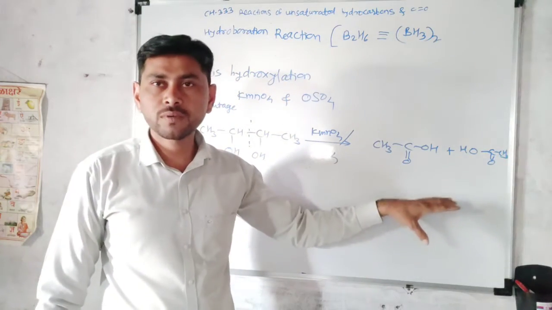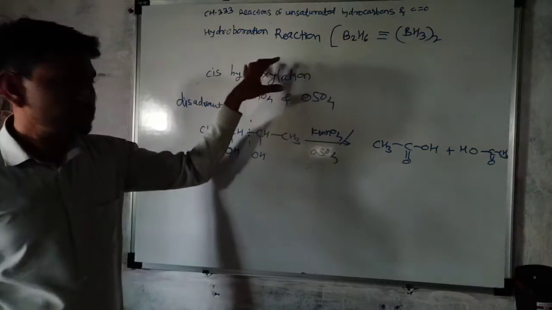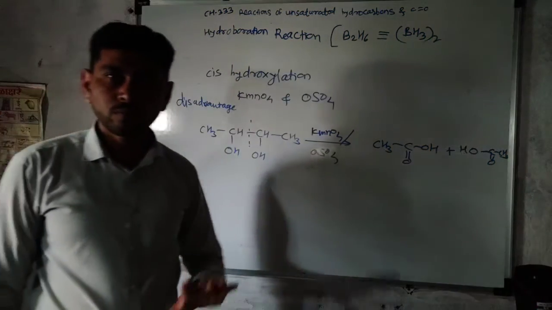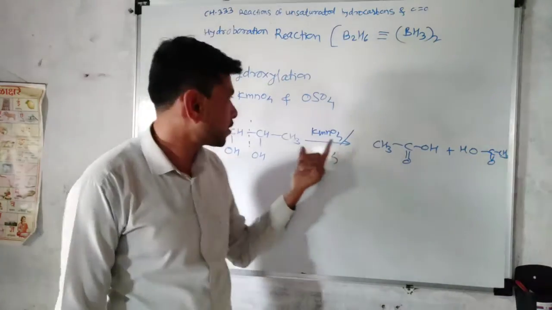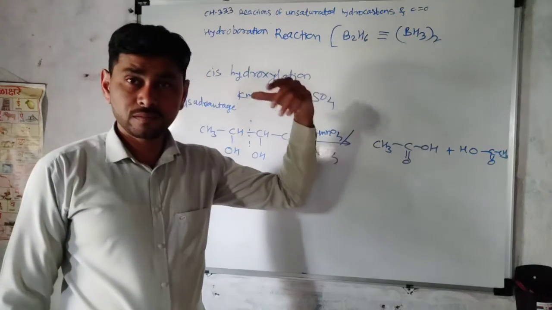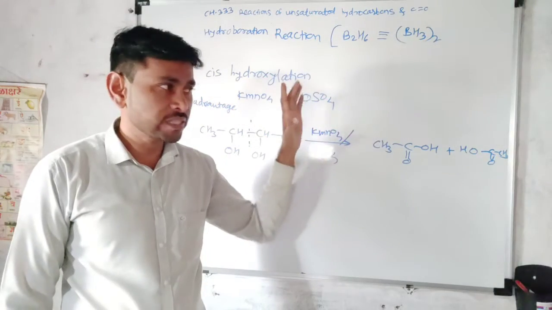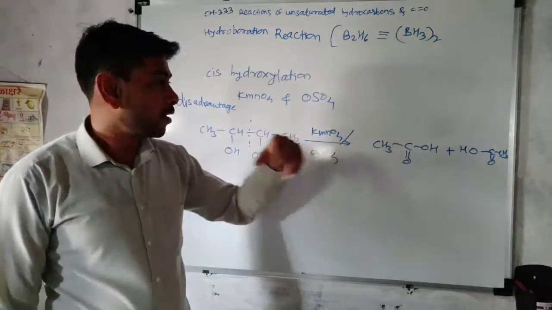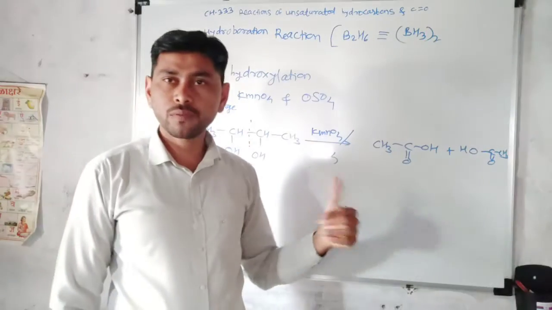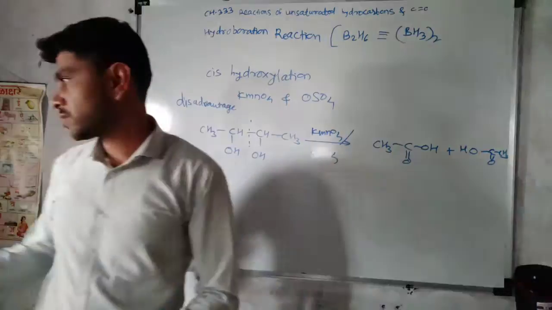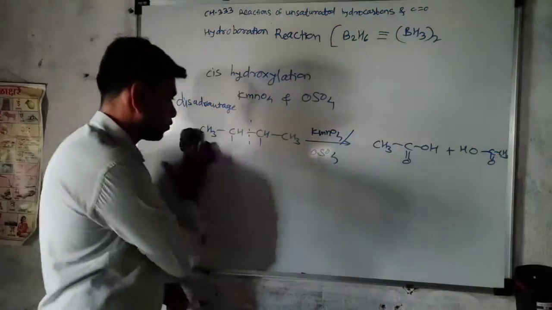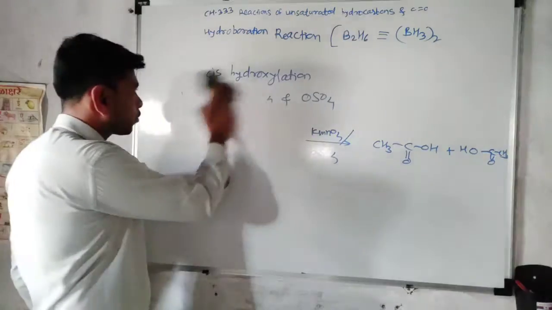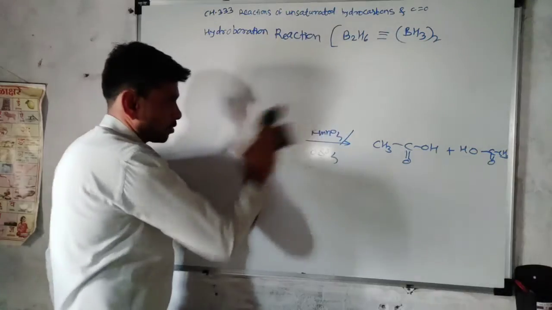So this is the disadvantage or limitation of cis hydroxylation. And what is the positive point or advantage of this reaction? We can add two hydroxyl groups from the same side if we want, and to the opposite side if we want, by using peracids.